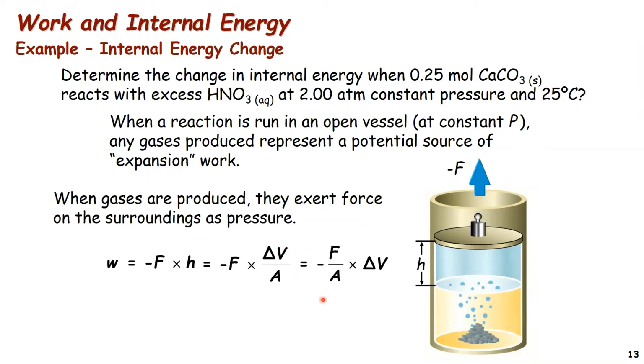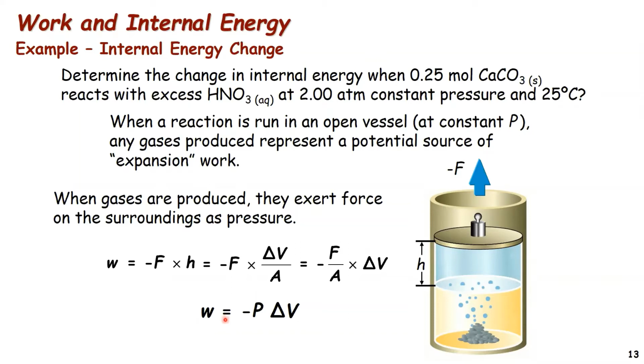Okay, now I'm going to rearrange again, and we have the force over the area. Well, force over area is a pressure, okay? So force over area is just a pressure. So I could replace this with the pressure. So now we have a new equation for work when dealing with expansion work in chemical reactions. And this is the only work we're going to deal with in this class.